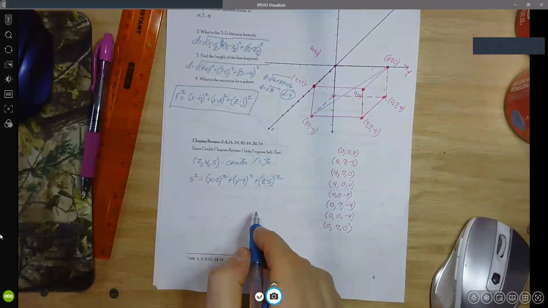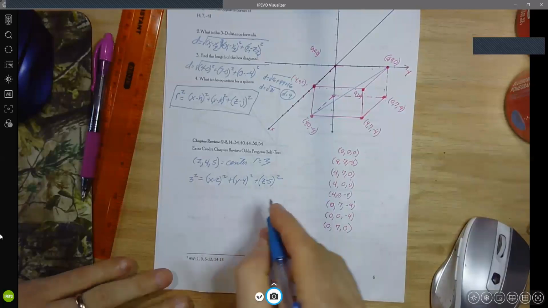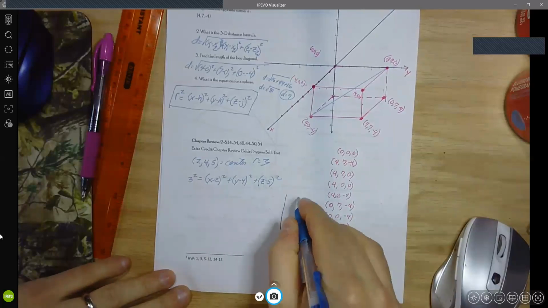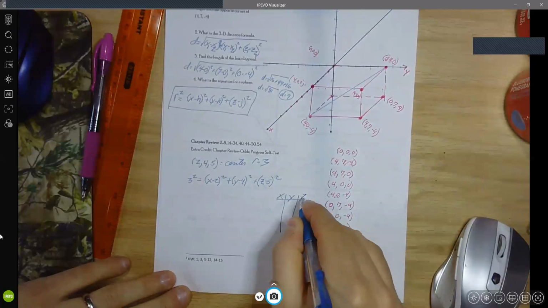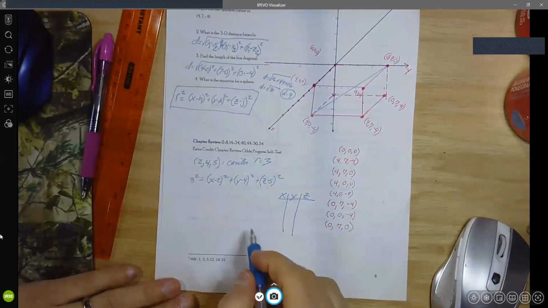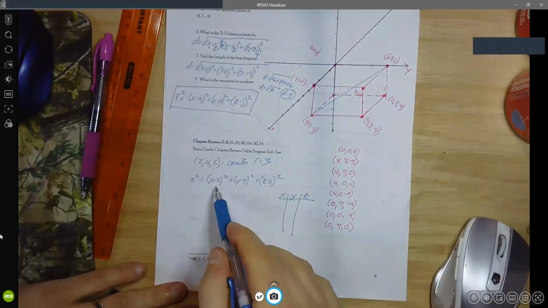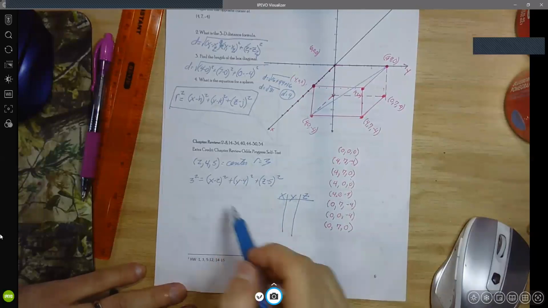All right, now I want to find lattice points. So lattice points have to be integers, and so the strategy is the same. So we can just pick values, for example, for x and y, and then just make this equal to 9, 3 squared. So let me demonstrate.